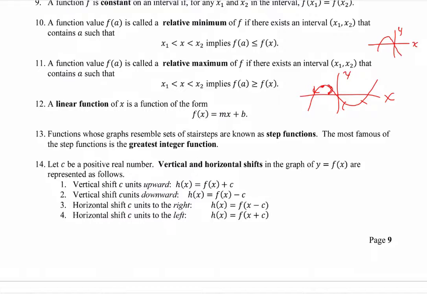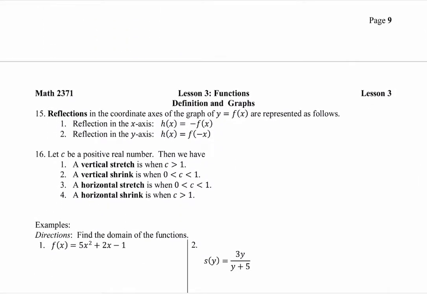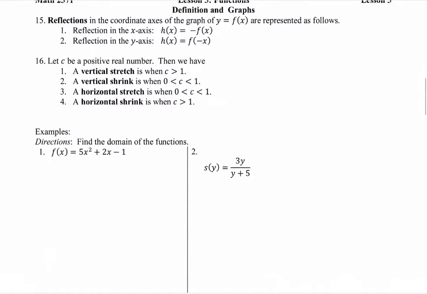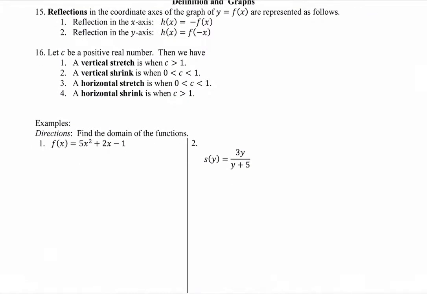We're going to talk about domain and range, and then vertical shifts, horizontal shifts, and flipping graphs upside down, which is the reflections. And then we're going to talk a little bit about shrinking and stretching.